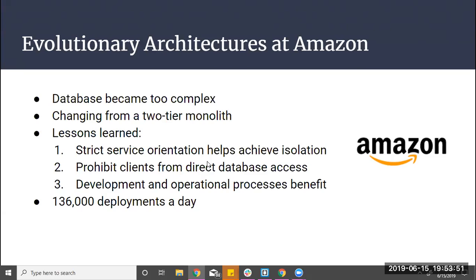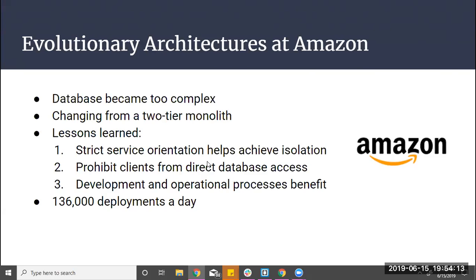Leaders at Amazon saw this problem and began working towards a solution. This solution was to decentralize the services platform and create a fully distributed system. This allowed for the system to evolve and grow. 3 main things can be learned from Amazon's experience. The first is that strict service orientation is a great way to isolate applications.